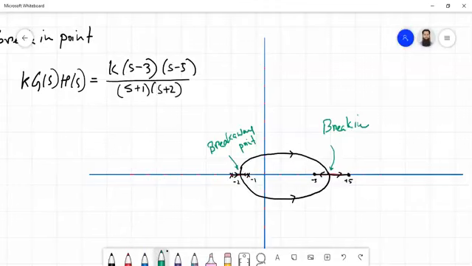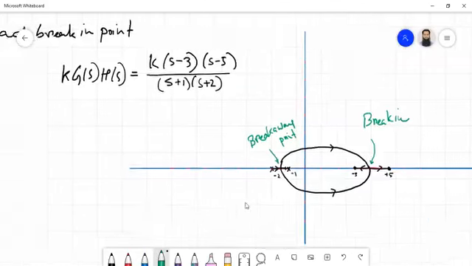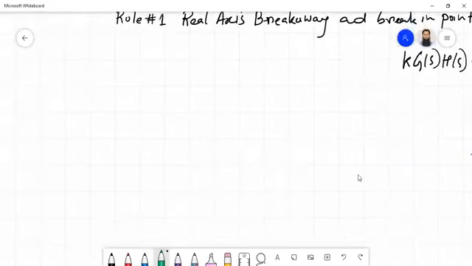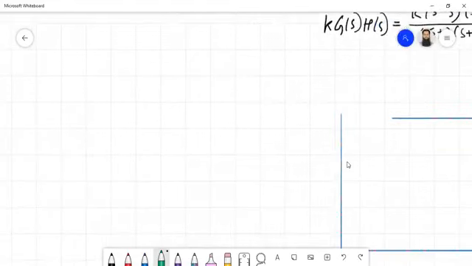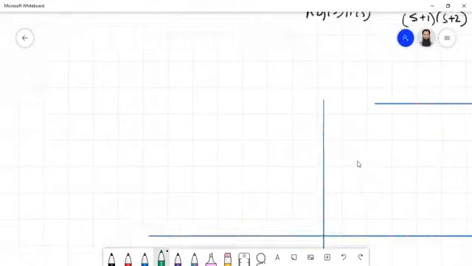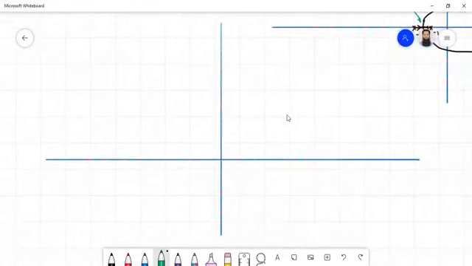Now the question is how to figure out the breakaway and the break-in points. For that, let's bring another plot. So we have -1, -2, then +3, +5.